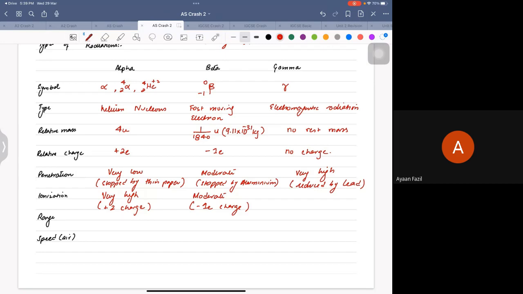And gamma has little to no ionization, the reason being that it has no charge on it. Now, speed in air: for alpha, up to 10 to the power 6, and for beta, this is I think the most important thing, they might ask you this directly in the MCQ. Gamma is up to 10 to the power 8 meters per second, and that's basically 3.0 times 10 to the 8 meters per second. That is the speed of light. So this table you need to remember, please.